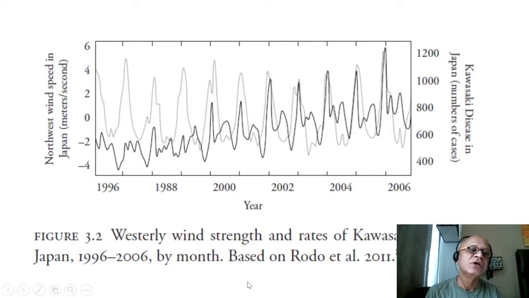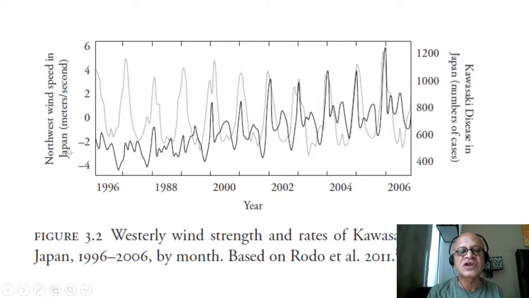This is showing northwest wind speed in Japan in meters per second and the Kawasaki disease in Japan. The exact cause of Kawasaki disease is not well known, but it is understood that when the winds bring more dust or less dust, the bacterial loading and the exposure also changes.